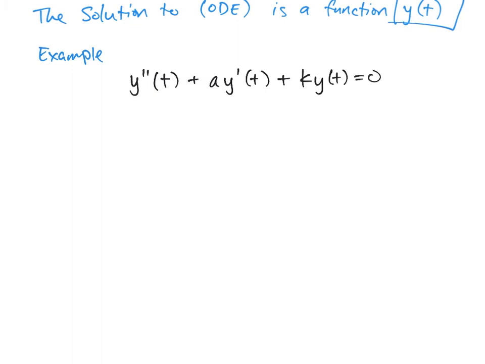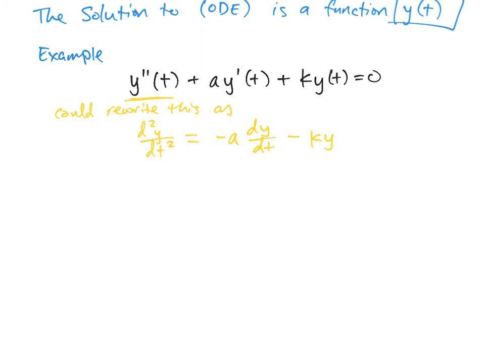So to put this into standard form, we could rewrite this as our second derivative of y with respect to t. So we put the highest order derivative on the left-hand side and then sweep everything over to the right. So it will equal negative a dy dt minus ky.